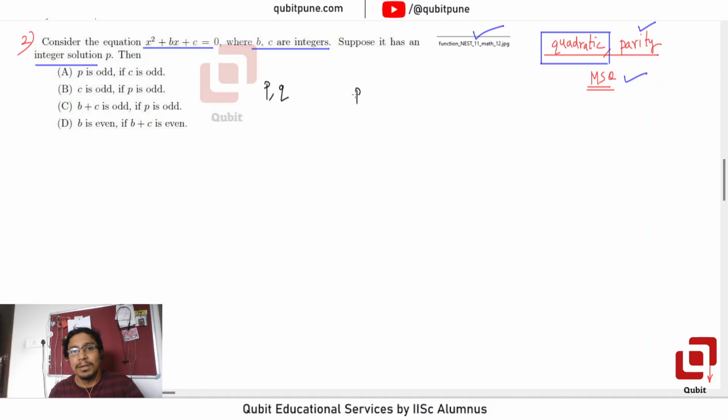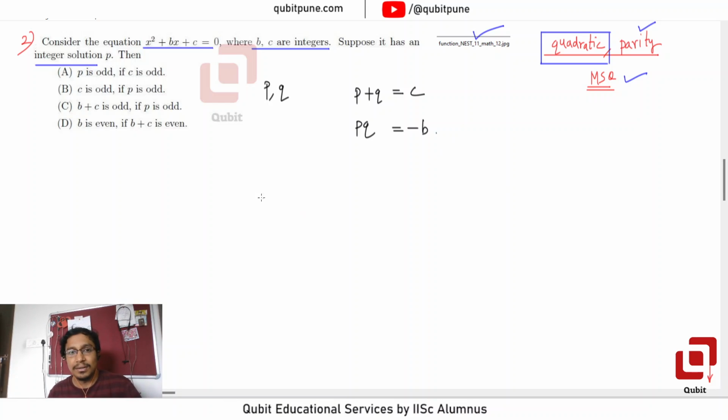So what will be p plus q? P plus q would be c, and pq would be negative p. Okay, and because c is an integer, p is an integer, and addition of integers is a closed operation on the set of integers, so q should also be an integer.